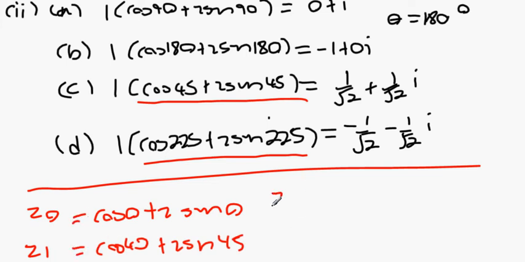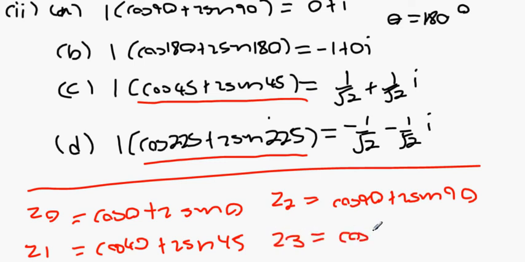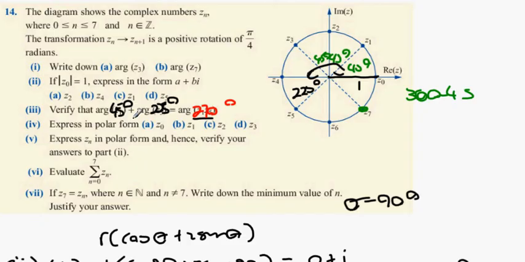Next one, Z2, which is going to be cos 90 plus I sine 90. And then finally Z3, which is cos 135 plus I sine 135. Okay, so that's all of these ones done.